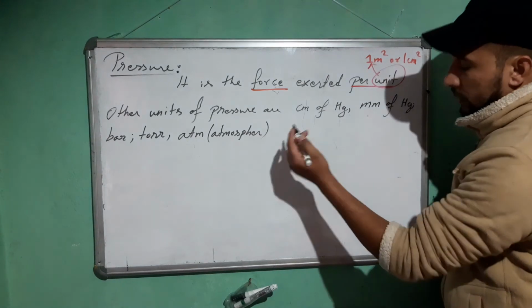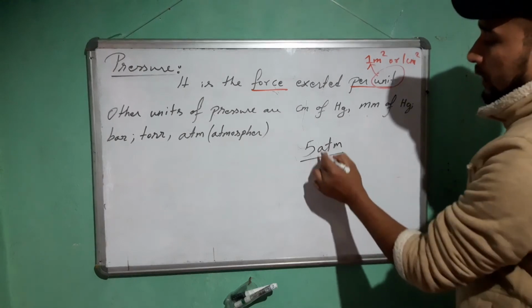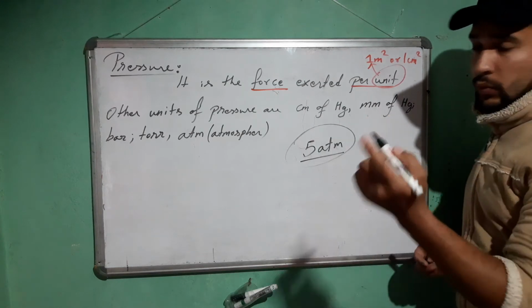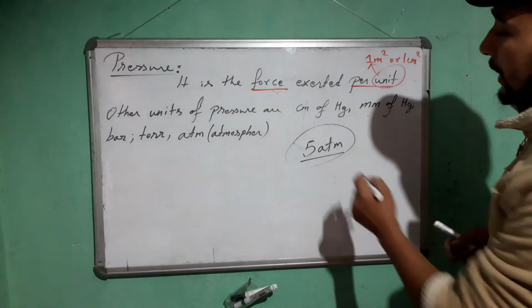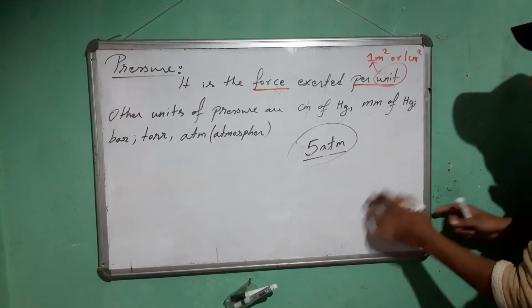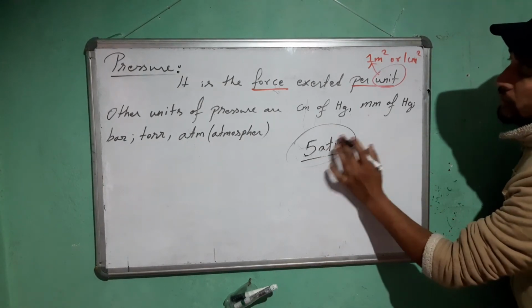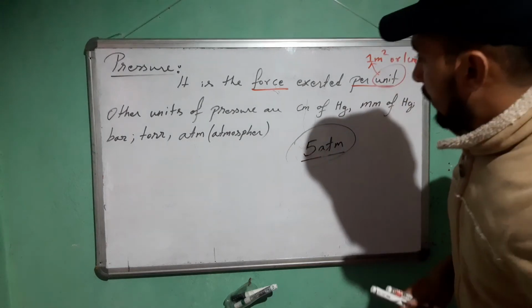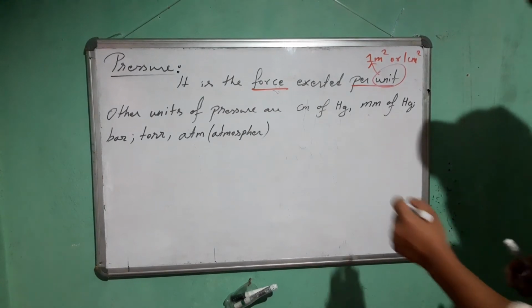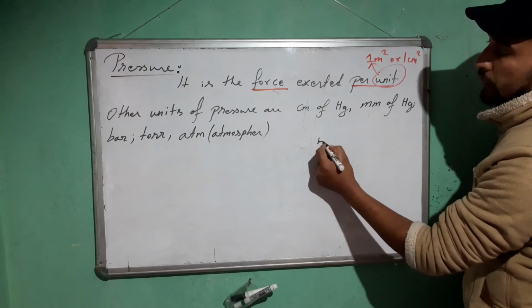If someone says the pressure within this room is 5 atmosphere, it means the force exerted per unit area is 5 atmosphere. Now suppose someone says the pressure of this room is 5 Pascal.